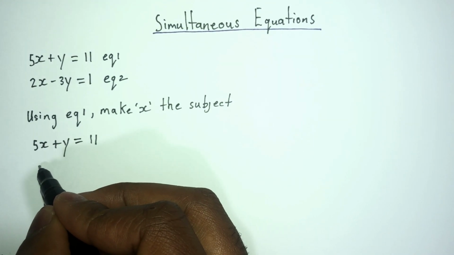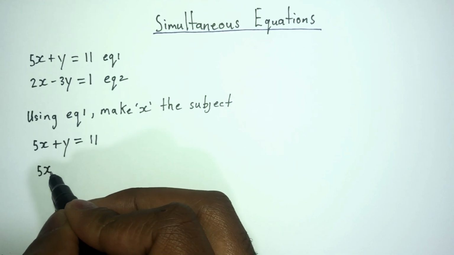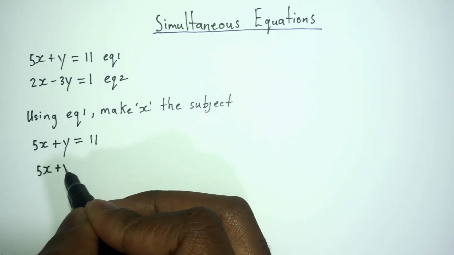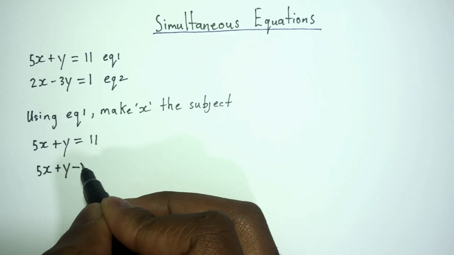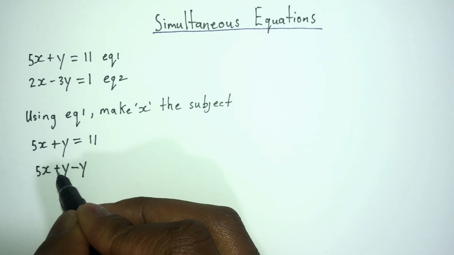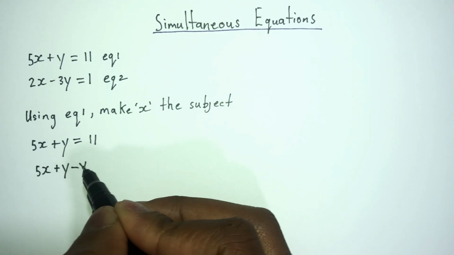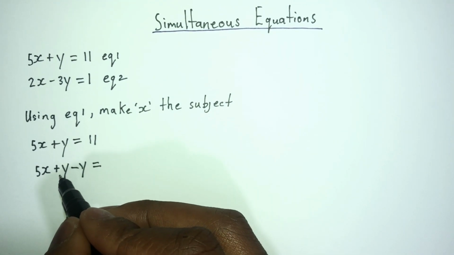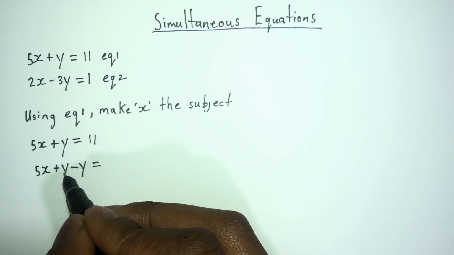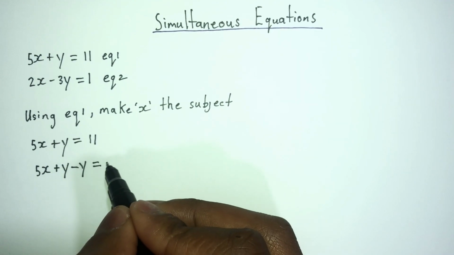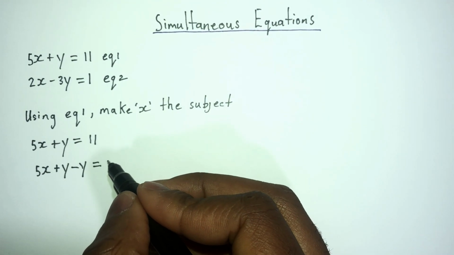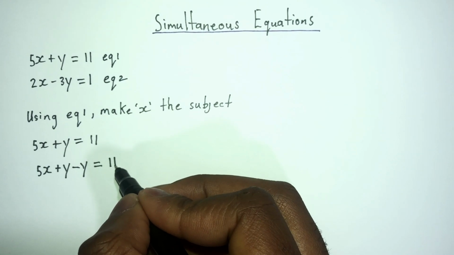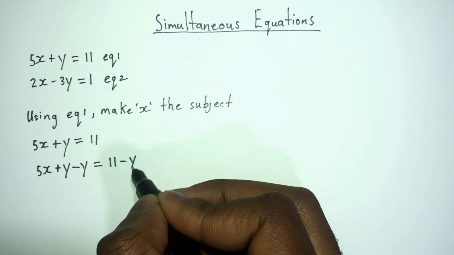So this leaves us with 5x plus y minus y, because y is being added, so we have to do the opposite, equals, and what we do on this side of the equation, we also have to do on the other side. So we will have 11 minus y.